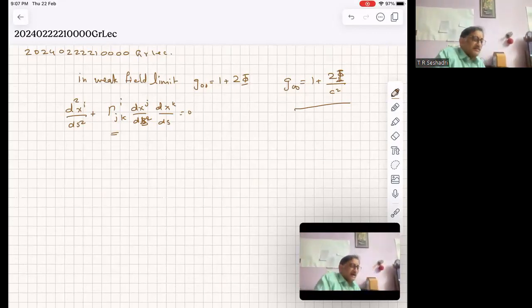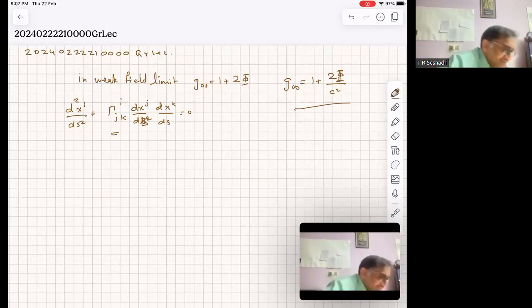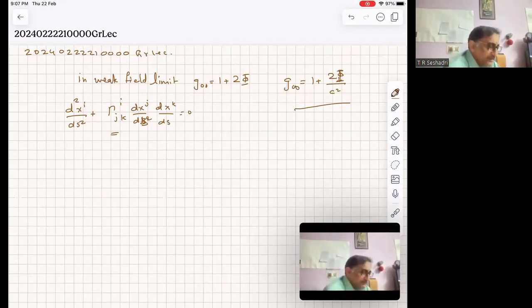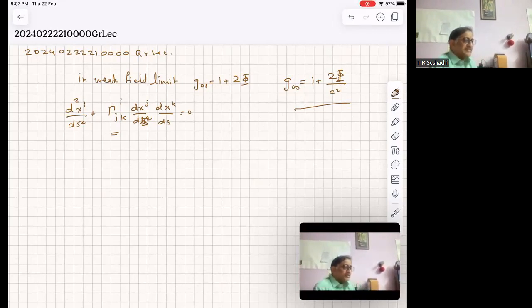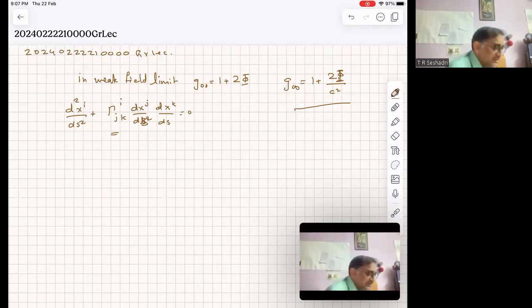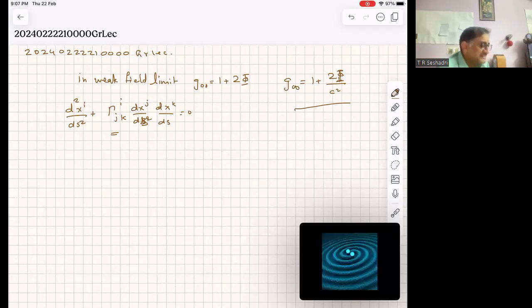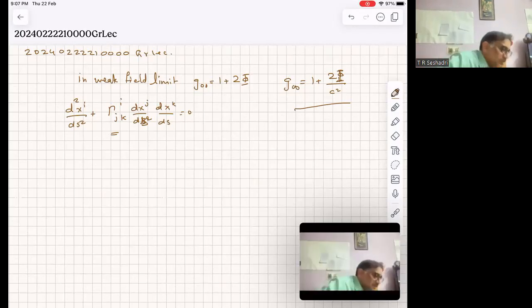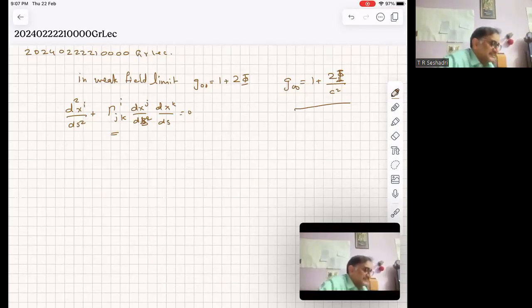Now, gamma can be non-zero either because it is a nonlinear coordinate system even in flat space-time, just like polar coordinates, or it can be genuinely curved space-time, like the surface of a sphere. You get it? So in some sense, this equation tells that the geometry tells the particle how to move.